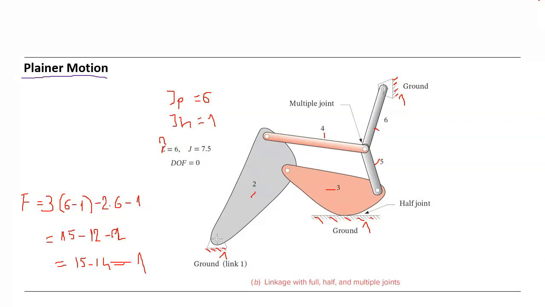So does it move? Does it not move? According to this explanation the degree of freedom is 0, but let's see, 1, 2, 3.